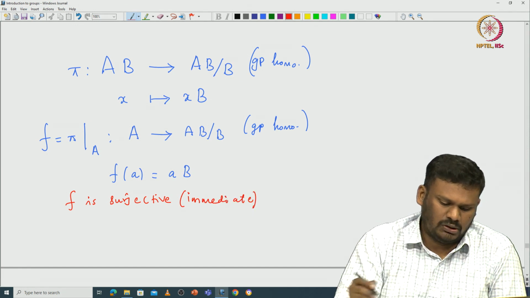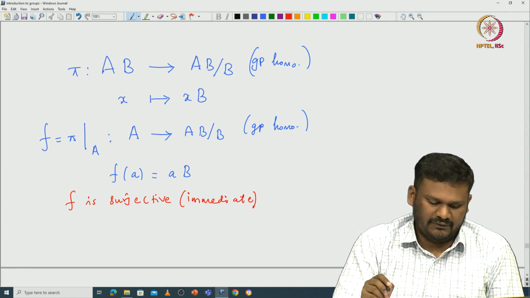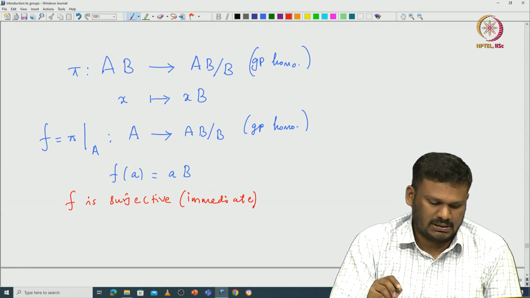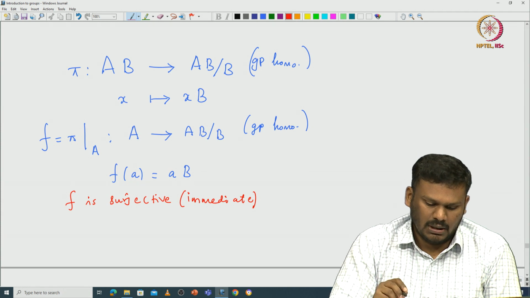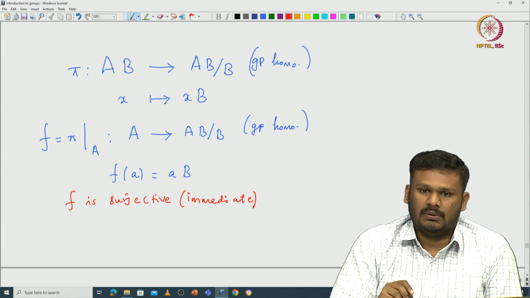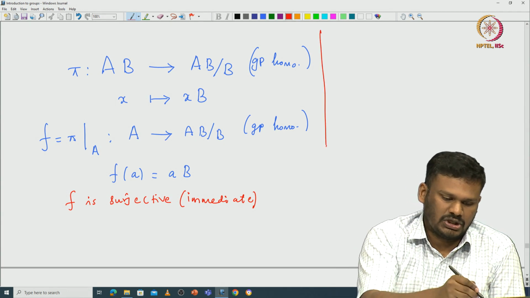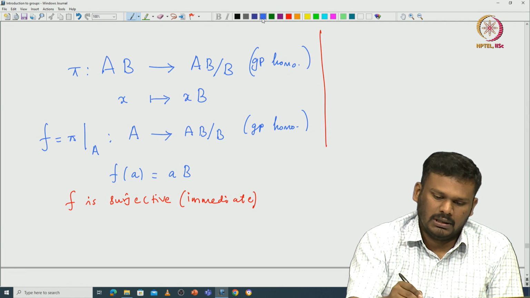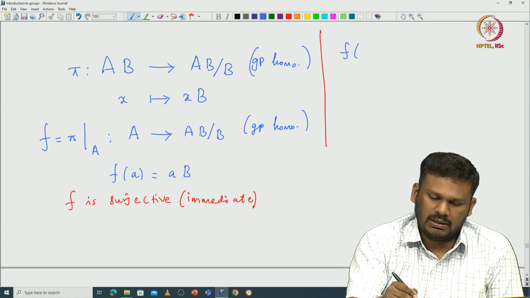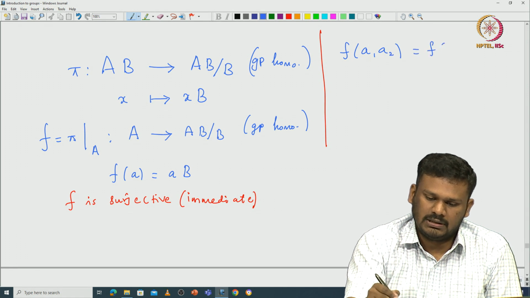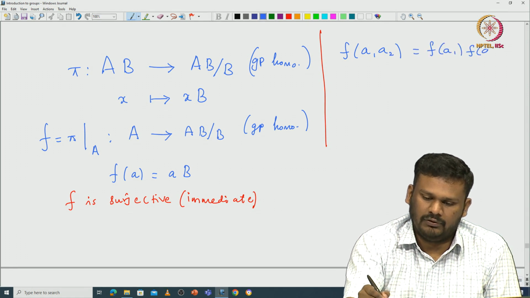We need to define this map, and it is well defined, that is clear because it is just a restriction map. Now, we need to verify whether it is a group homomorphism or not. Let us check that. We need to check F of A1 A2 is the same as F of A1 times F of A2.